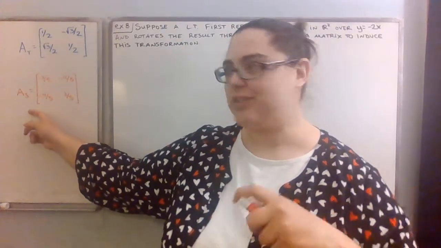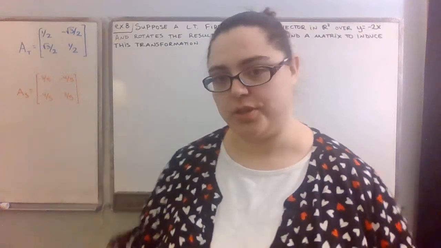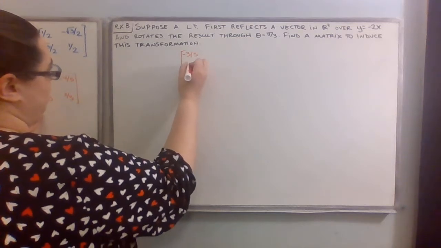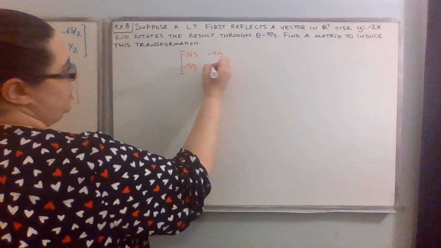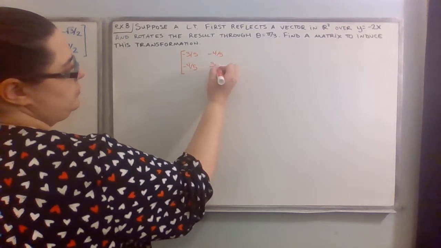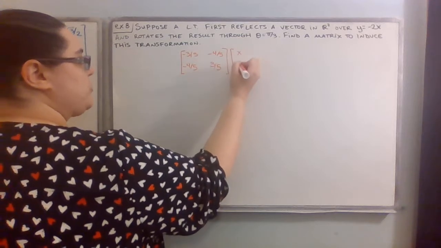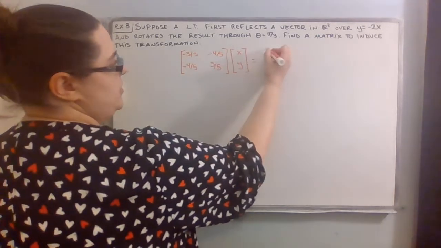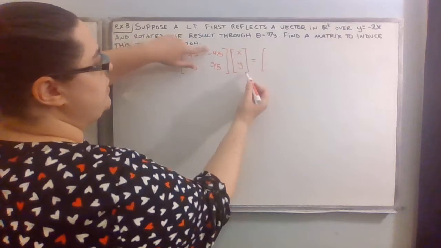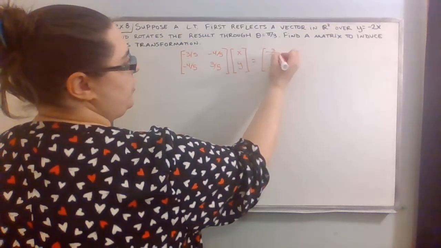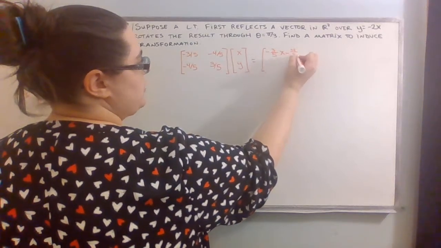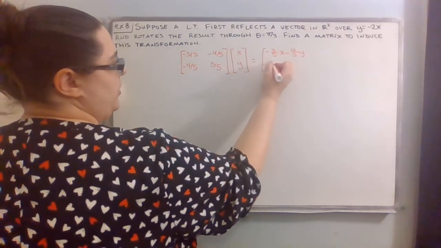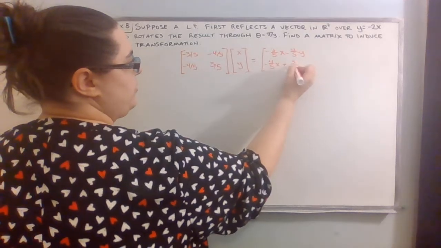So let's put that vector xy through its paces and multiply it by this matrix: negative 3/5, negative 4/5, negative 4/5, 3/5, multiplied by the vector xy to see where it gets sent. This sends it to negative 3/5 x minus 4/5 y, and then negative 4/5 x plus 3/5 y.